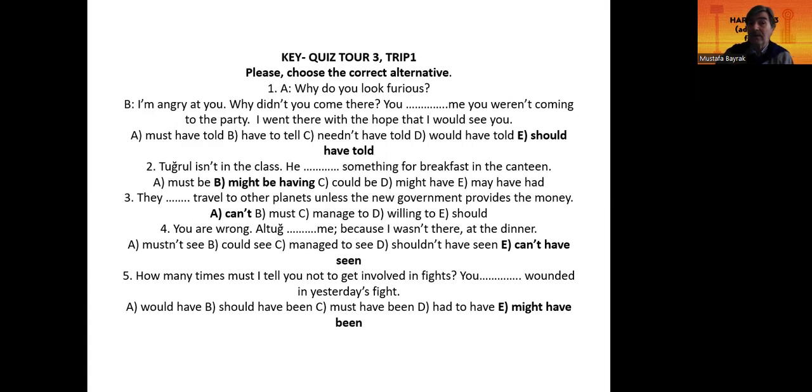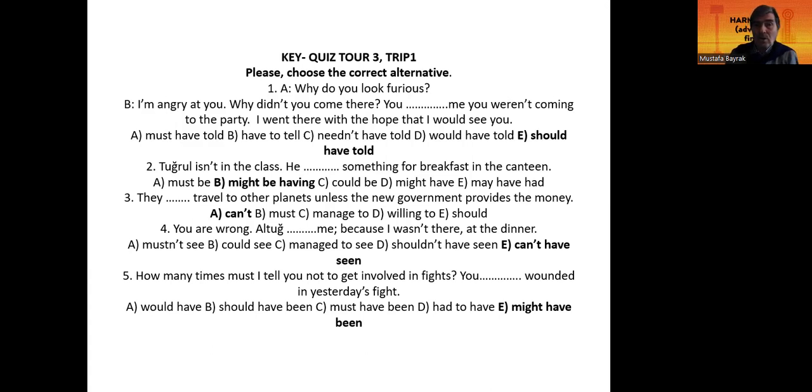He might be having something for breakfast in the canteen. 3, they blank travel to other planets unless the new government provides the money. So they can't travel to the other planets because there is unless. I mean, if not, if the government will not provide the money, does not provide the money. Okay.